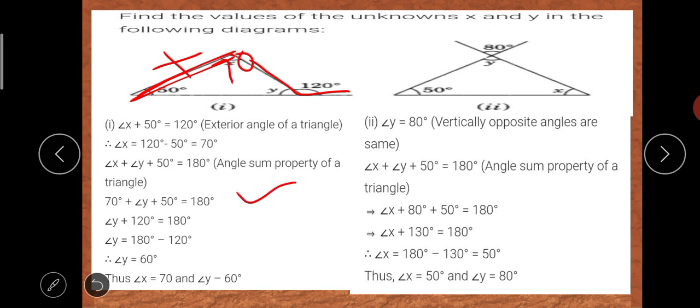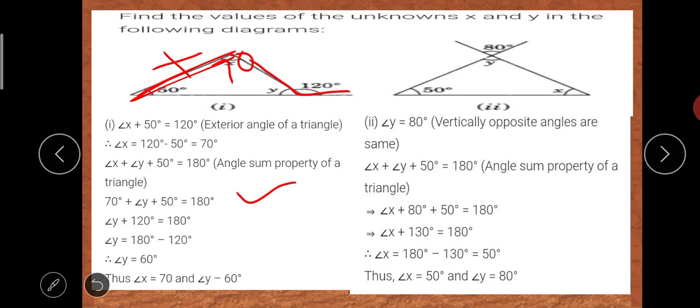So 70 plus angle y plus 50 equals 180. So 70 plus 50 is 120, and the value of y we will find by subtracting 180 minus 120, which is equal to 60. So here the value of y is 60.